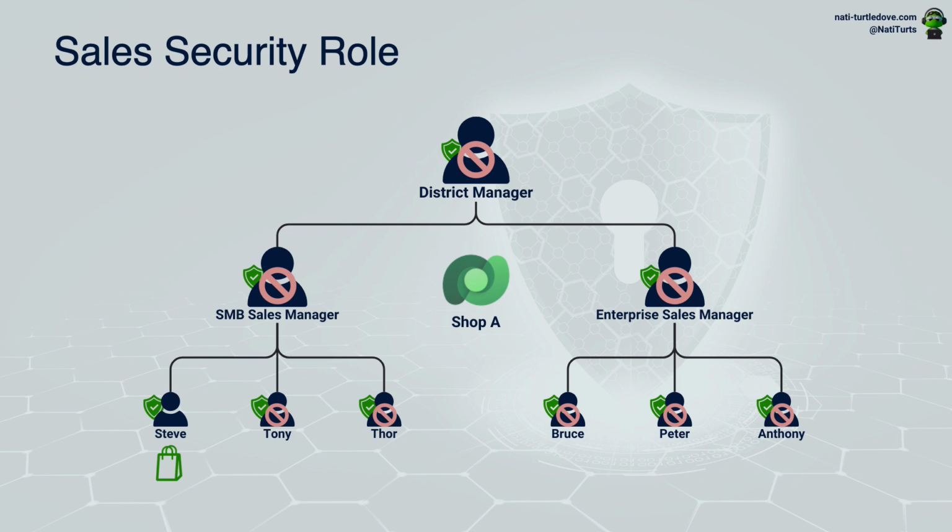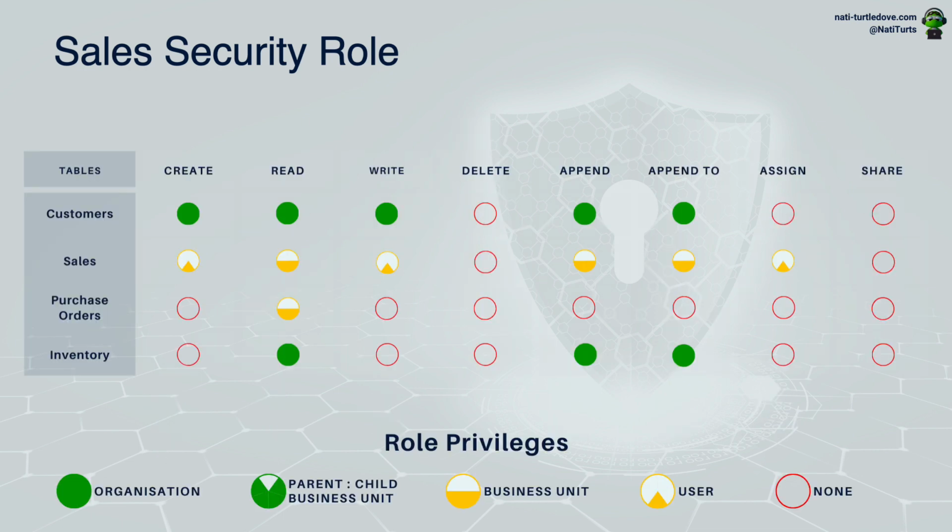So that could be kind of frustrating in a scenario where a sales manager wanted to see how his team is performing, or the district manager wanted to see how his shop is performing. So if we were to take this concept and scale it a bit more, and adjust the security role to be a bit more elaborative of what data they could see, we could use the exact same concept, but instead of on a user level only for the sales table where we're looking at read, we change that to a business unit level.